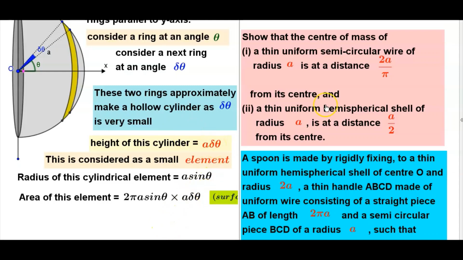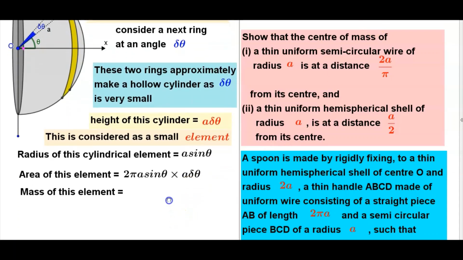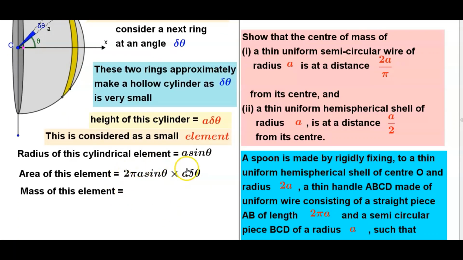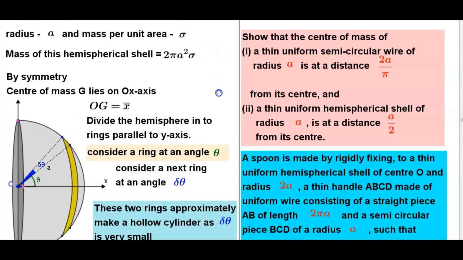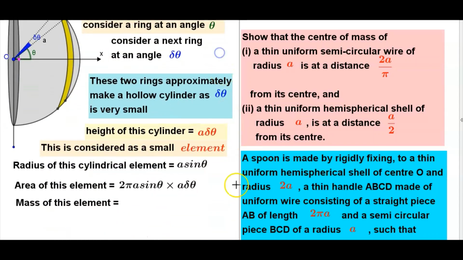So the mass of this element: this area should be multiplied by mass per unit area, which is sigma.